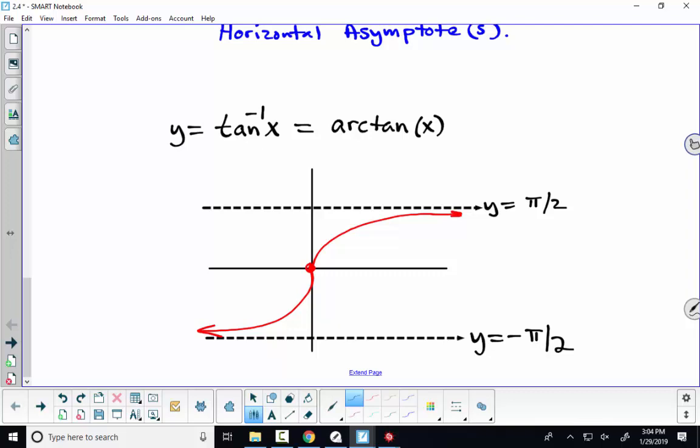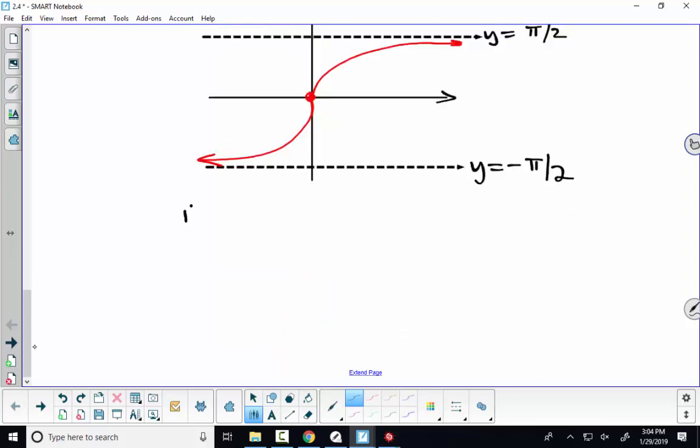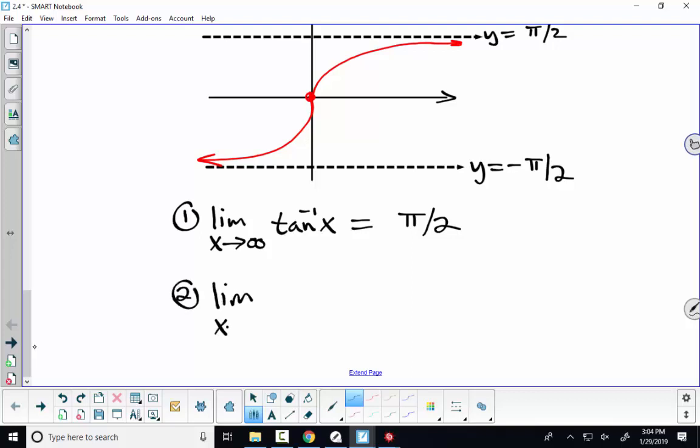So specifically here, if we said as x gets closer and closer to infinity, my y values get closer and closer to pi over 2. So the limit as x approaches infinity of inverse tangent is pi over 2. Also, the limit as x approaches negative infinity of inverse tangent is negative pi over 2.